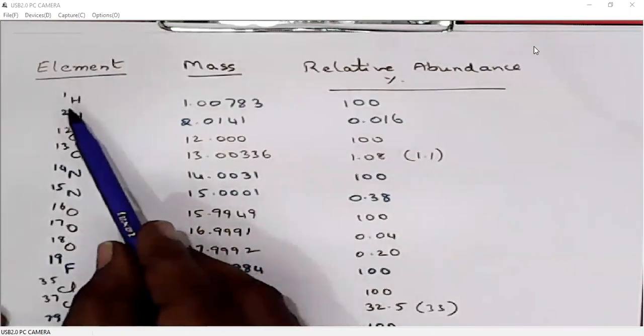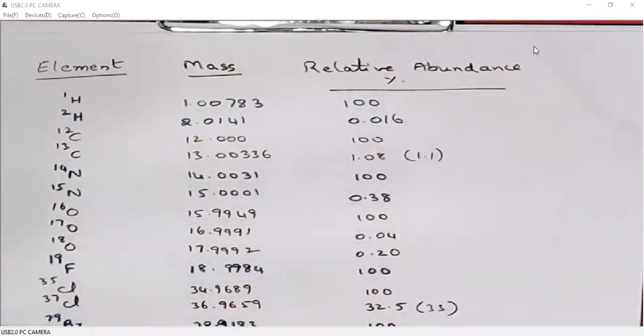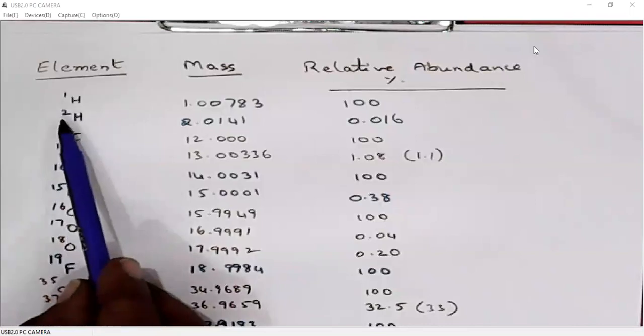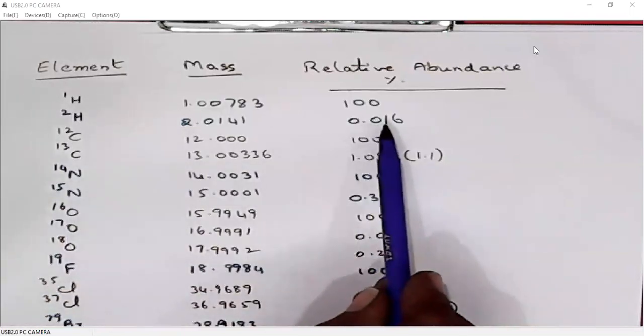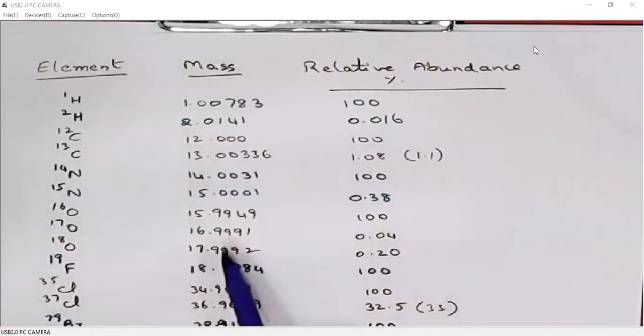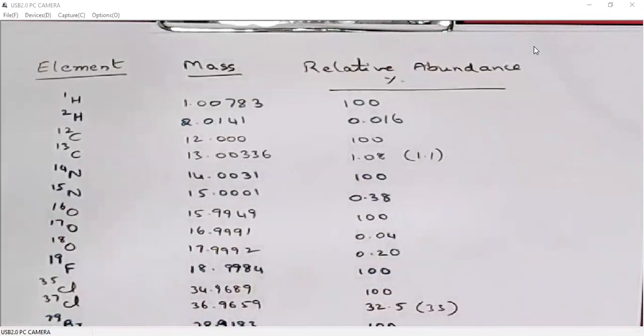Hydrogen, whose mass is 1, has a relative abundance of 100%, whereas its isotope deuterium, whose mass is 2, has a relative abundance of just 0.016 percent. Remember, all these values are in percentages. You may not need to remember their values, but you need to remember the relative abundances.